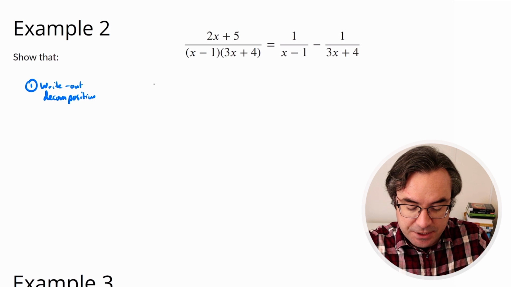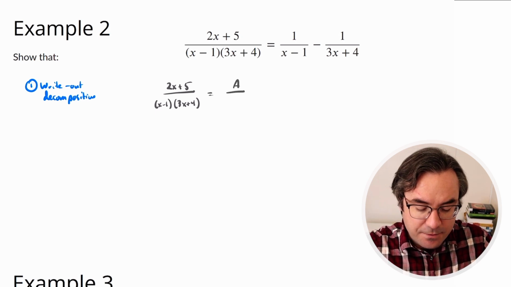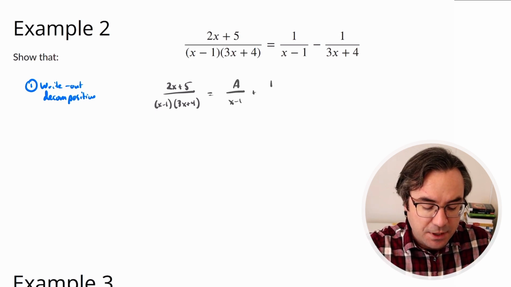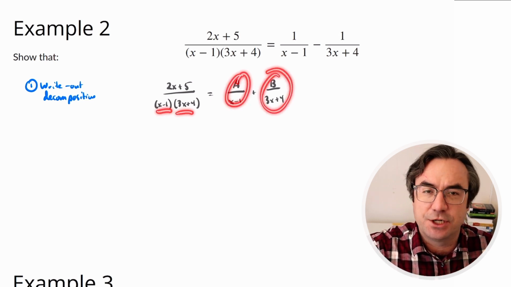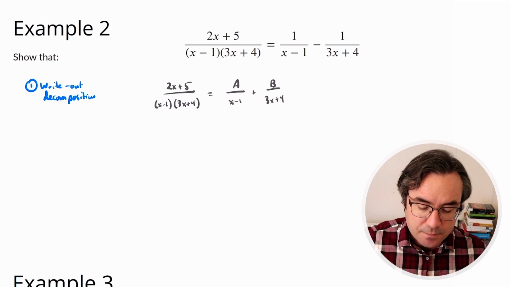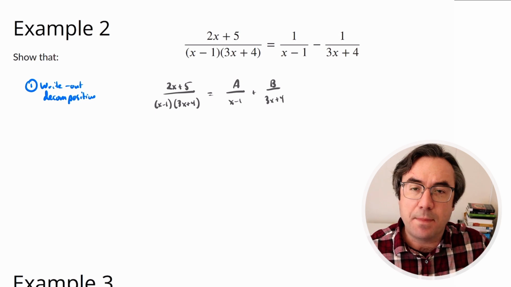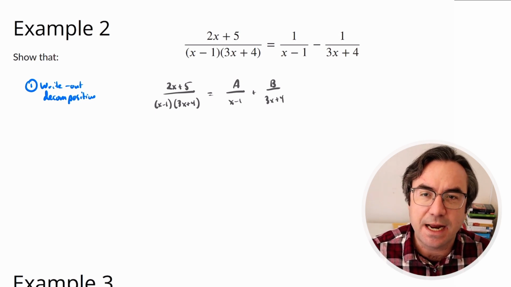So our decomposition is going to be 2x plus 5 over x minus 1 times 3x plus 4, and we said that that was equal to A over x minus 1 plus B over 3x plus 4. So each of those separate linear terms got its own fraction. All right, so we write out the decomposition. Then we multiply both sides by the common denominator.